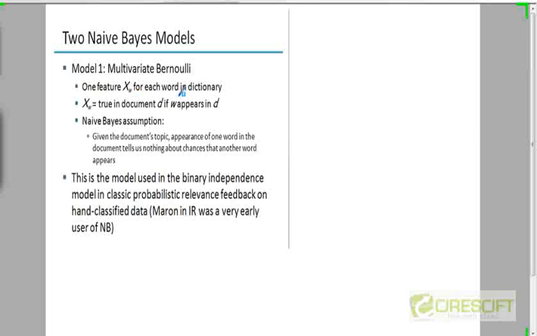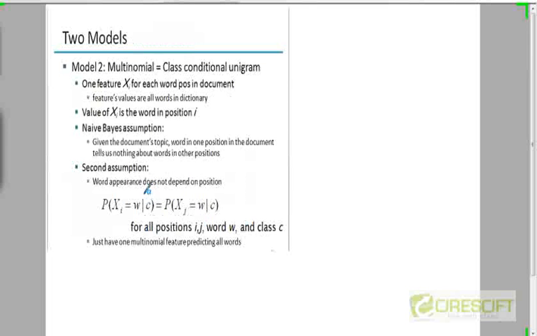For every term in the vocabulary, you will have one probability term in the product. This is just another, more complicated way to say it, but I just explained that to you in the previous slide. Whereas in the multinomial model, you only have a product term for every term that actually appears in the document.